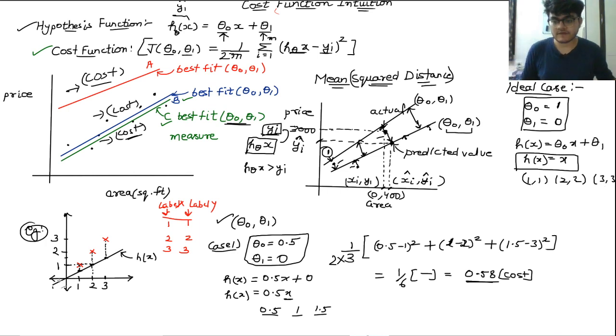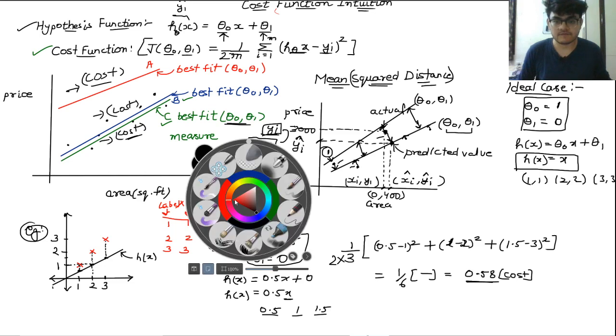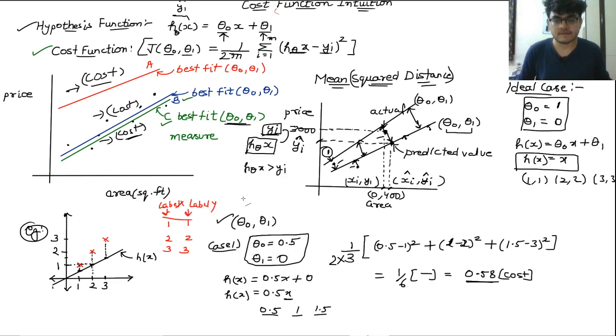Now observe that if I try to draw a hypothesis function, let me just change the color for the ideal case. Let's say green. So now we are going to draw a line here. Now this is the ideal case. Why? Because in this case, the hypothesis function, or the line, is passing through all the data points.